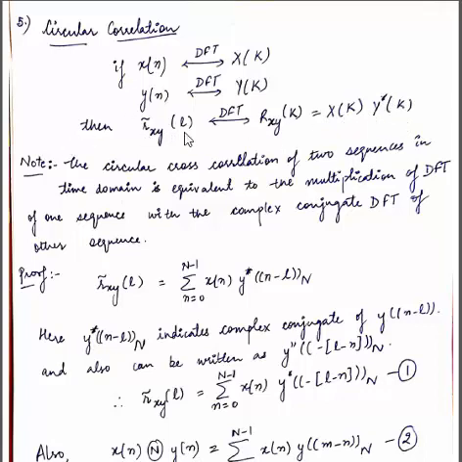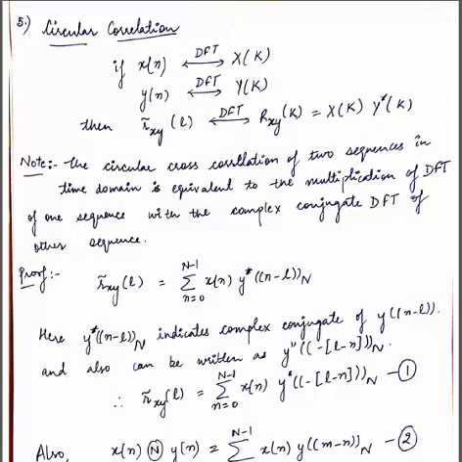This means that the circular correlation of two sequences in time domain is equivalent to the multiplication of the DFT of one sequence, that is x of k, with the complex conjugate DFT of the other sequence, that is y conjugate k.